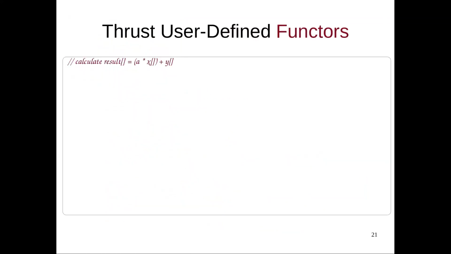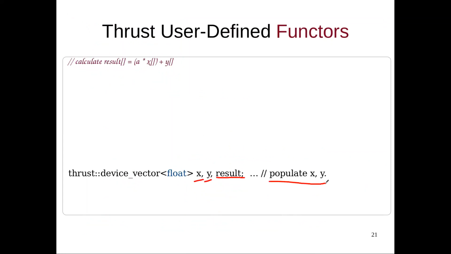Okay, so when you have user-defined functionality, for example, I have this sigma x plus y, that is the usual operation that is required in linear algebra. What I want to do is to have x and y as the input device vectors and result as the output vector, and let's say that I have populated x and y via some mechanism.